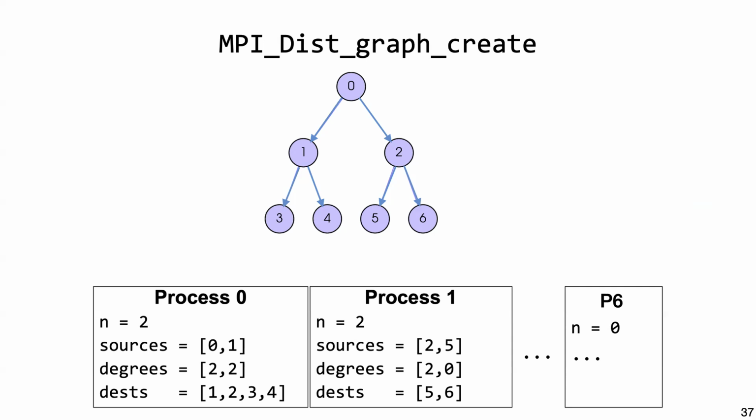Yes, sources is which nodes are represented on this process. So process 0 is representing node 0 and node 1. Process 1 is representing node 2 and node 5.